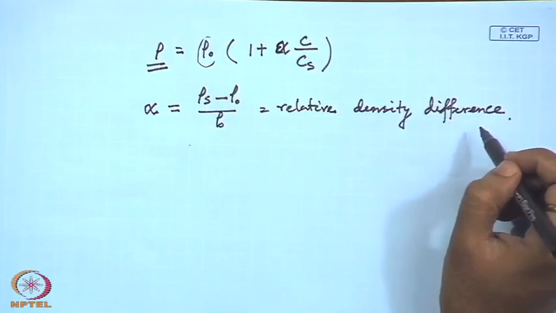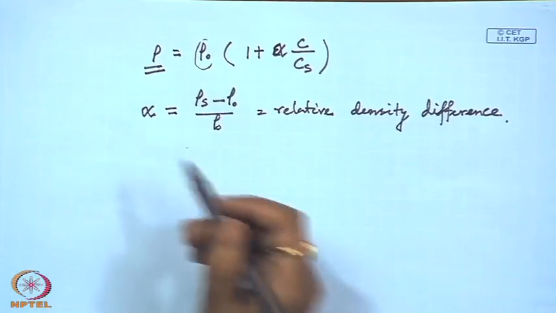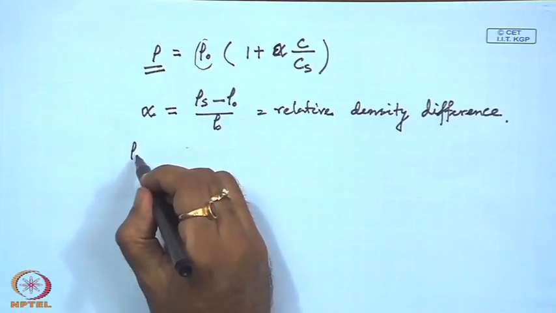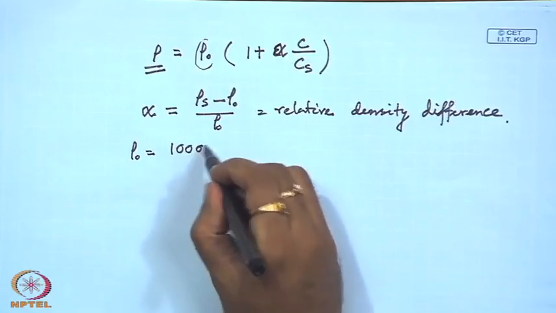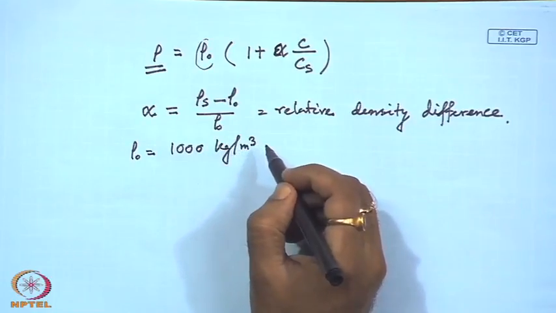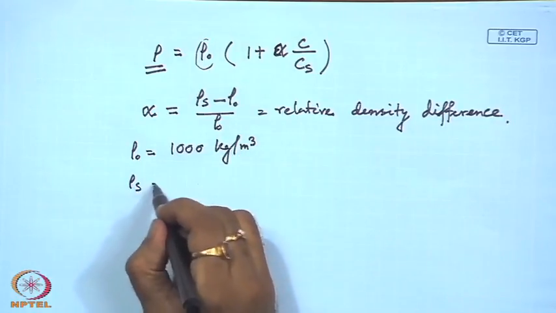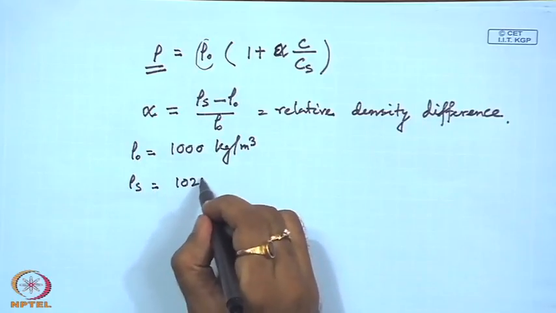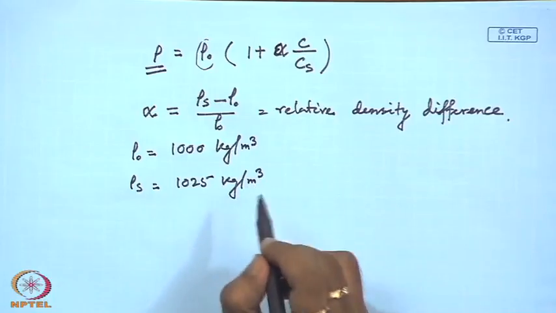So, if we take usual values, then this rho naught is 1000 kg per meter cube, then rho S is 1025 kg per meter cube.